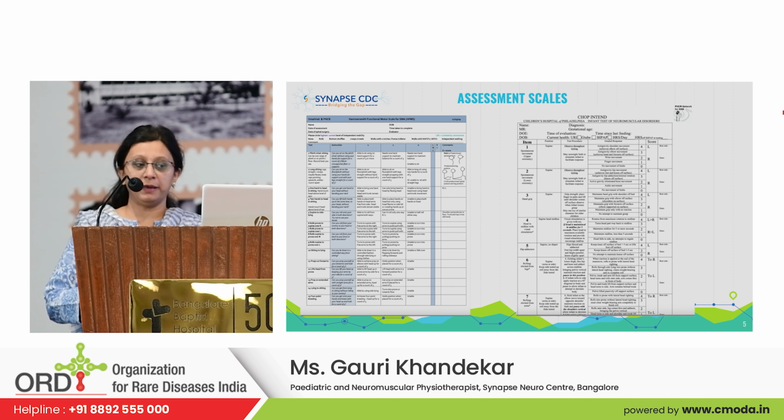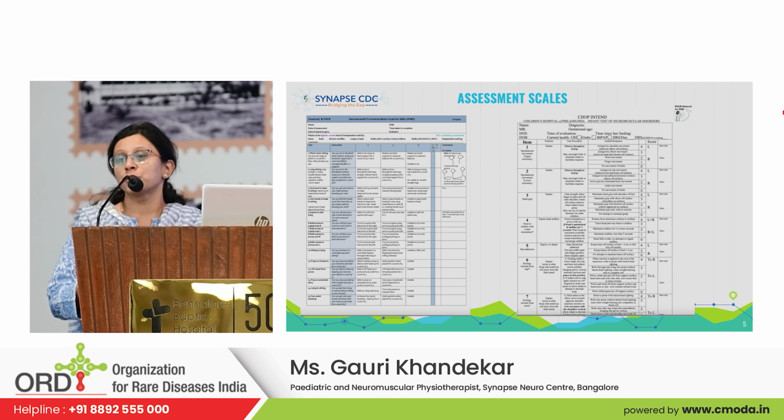So I request all the parents to make sure that you get your child assessed on a regular basis. These are a few assessment scales, the standardized assessment scales for SMA. Again, depending on the age and the functional ability of the child, we are assessing the child on different domains, and then we get a score.